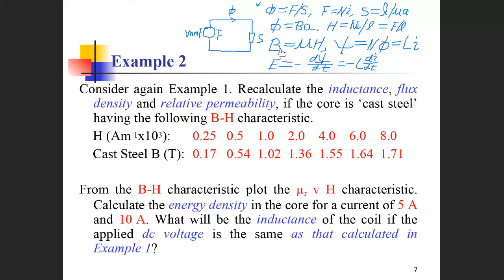Because B equals mu times H, B, H and mu are related. So here you are asked to estimate the BH characteristics and plot the permeability versus H. Because different H gives different B, you get different permeabilities. Mu R here is the relative permeability, referred to mu 0.